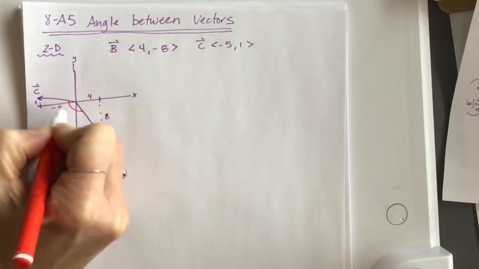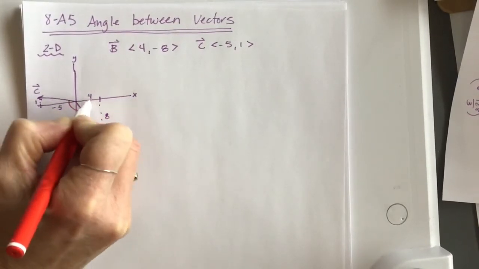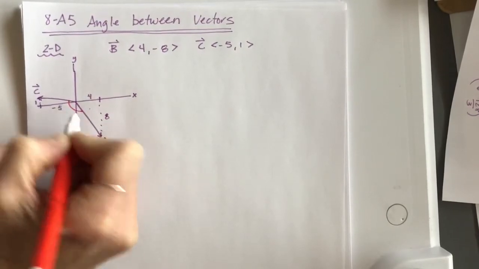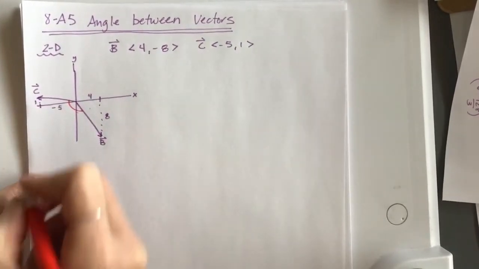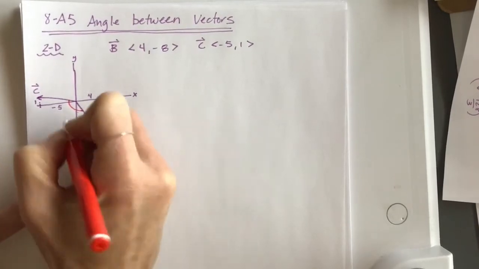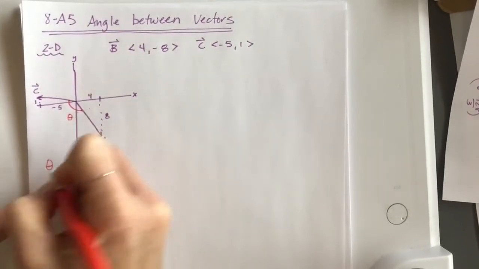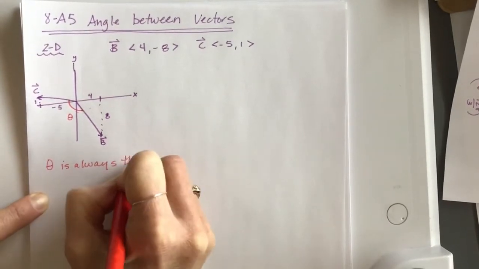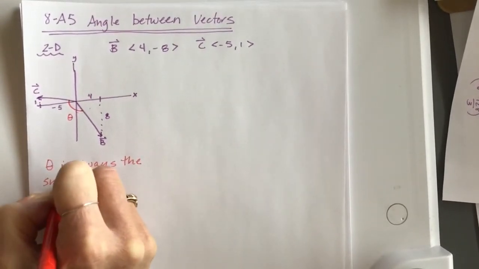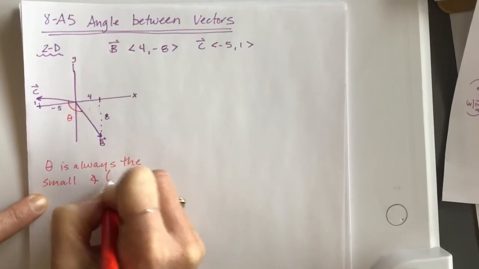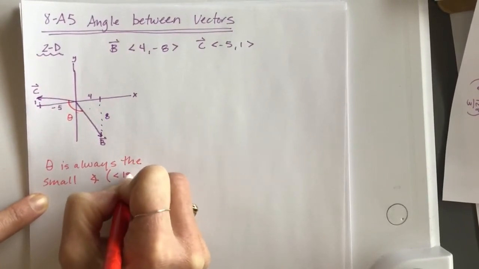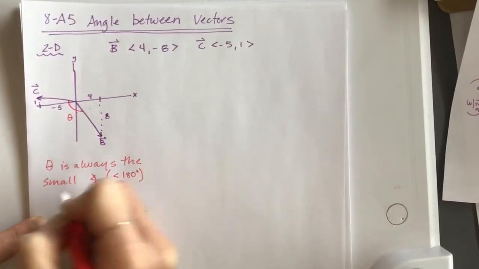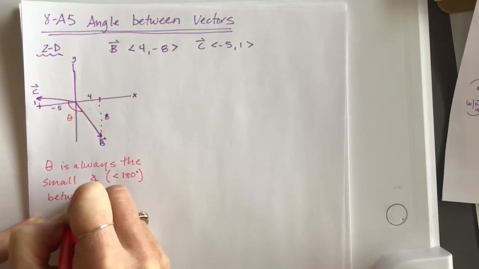The angle that they always want is the small angle, the one that's less than 180, not the big angle. So theta is always the small angle, less than 180, between the vectors.